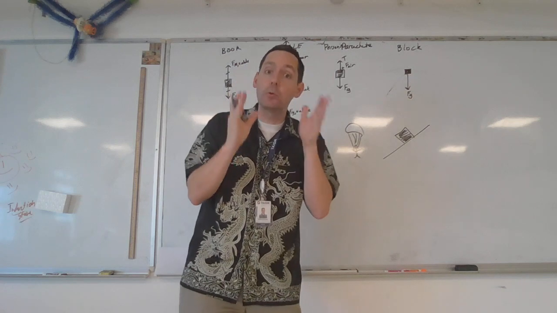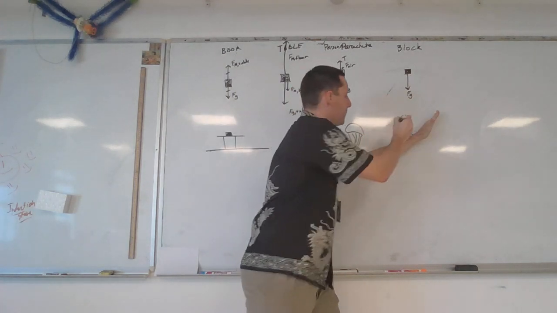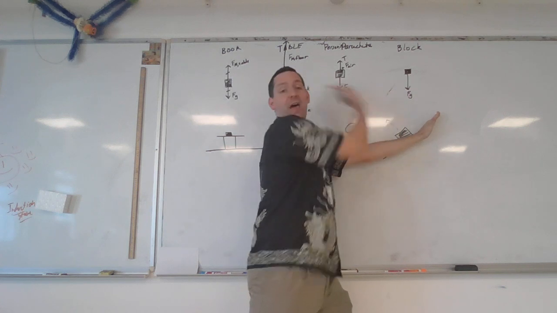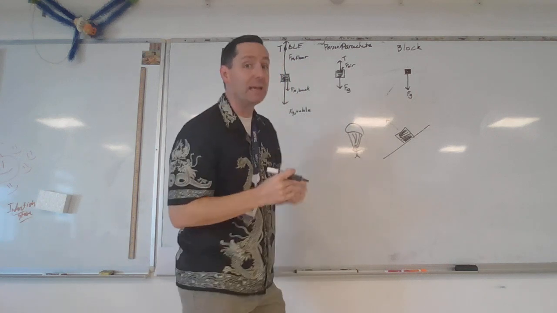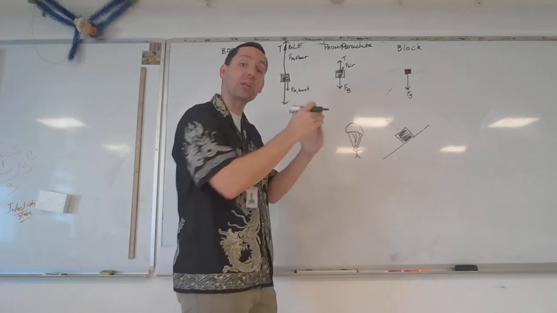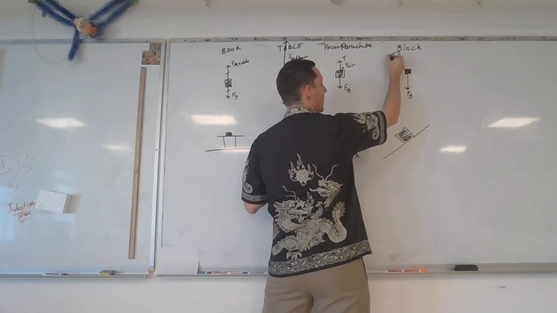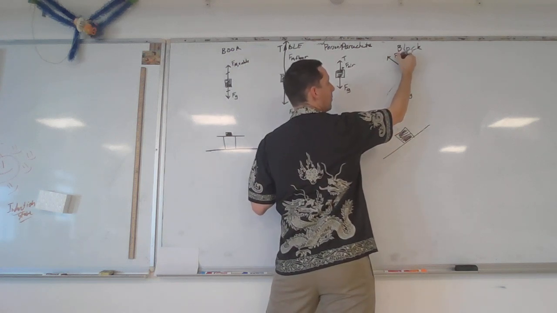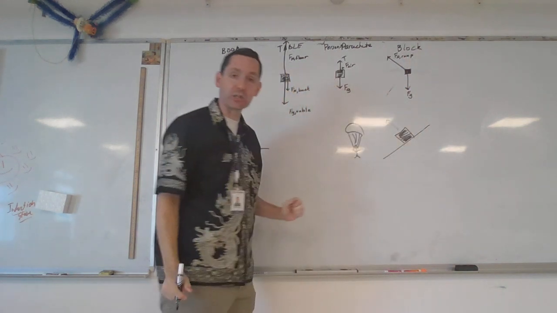It's the fact that normal means perpendicular. So if the surface is this direction, then perpendicular is up in that direction. And so when I draw the normal force of the ramp, it needs to be perpendicular to the surface. So it needs to be kind of up in this direction. So this right here will be the normal force of the ramp up in that direction.